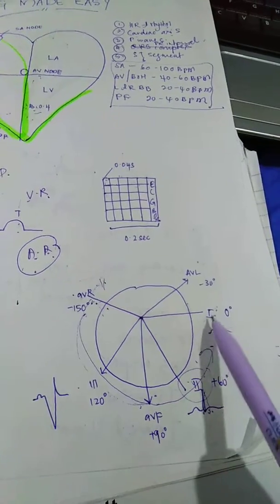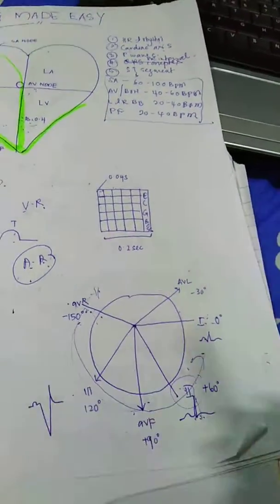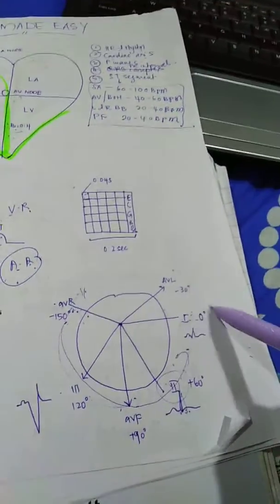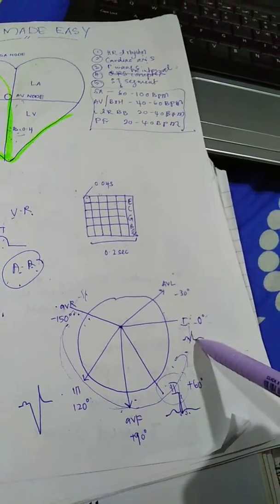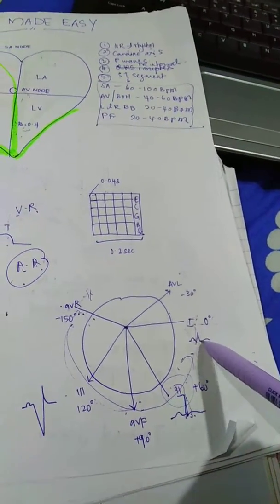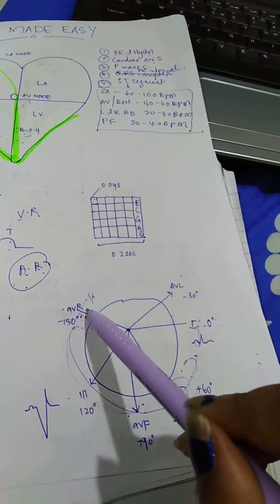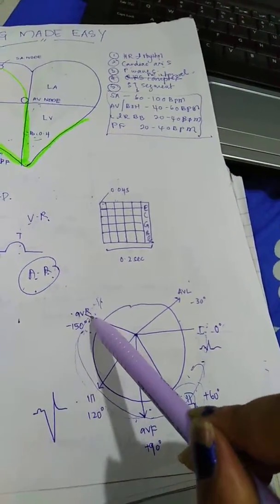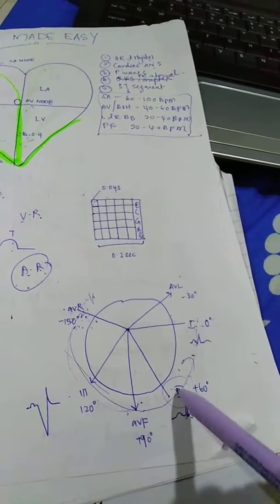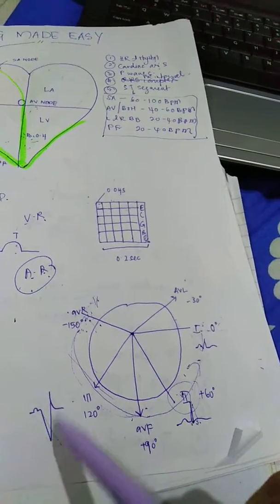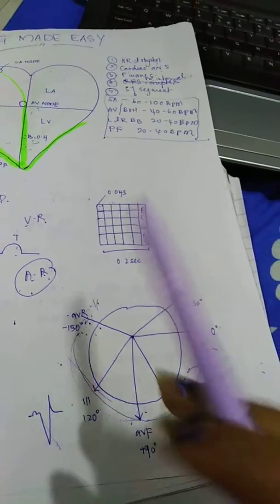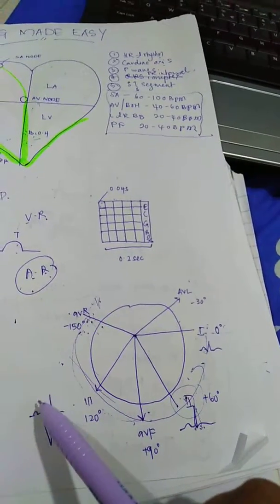However, as it reaches towards 0, it's in a normal axis where you don't really see much deflection over here. Since it's starting at your negative degree, because your electrical spread starts from your 11 o'clock to your 5 o'clock, you don't see a positive deflection because it starts from 0. It starts from a negative deflection.